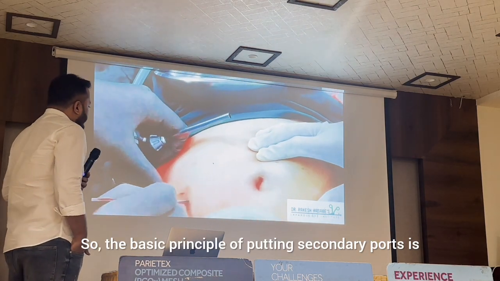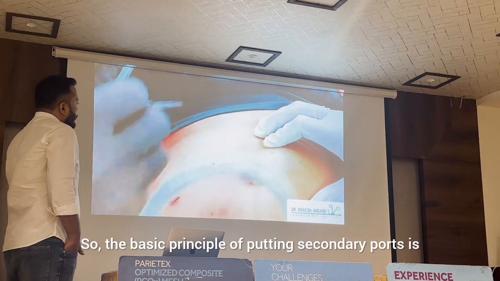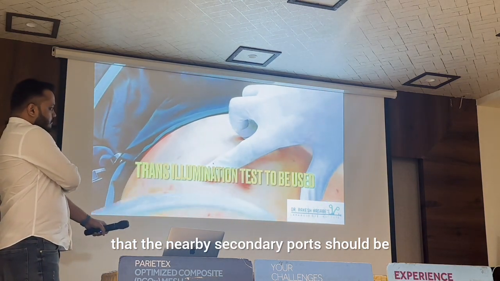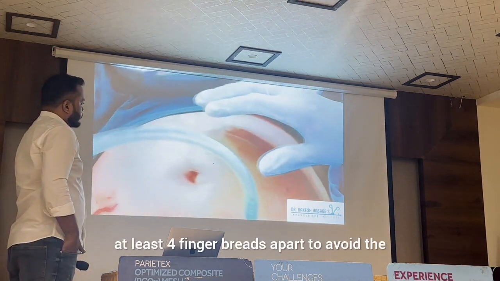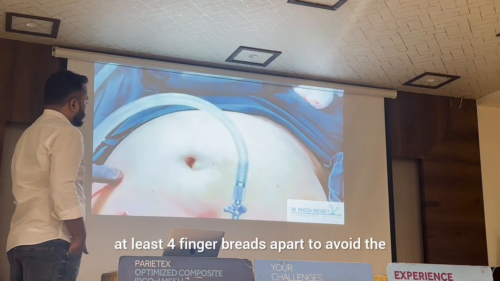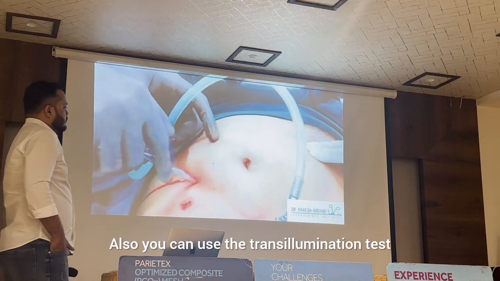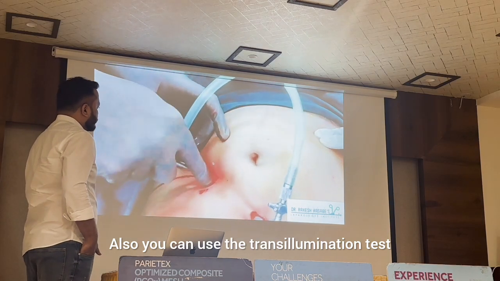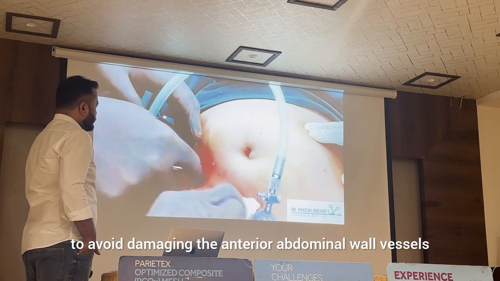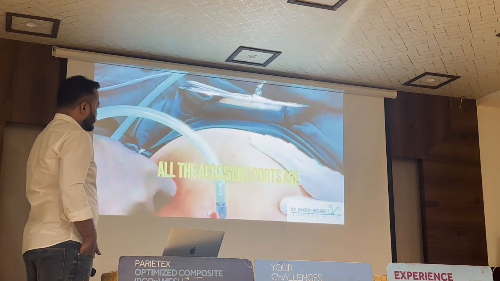The basic principle of putting secondary ports is that the nearby secondary ports should be at least 4 finger breadths apart to avoid intra-abdominal blocking of instruments. Also, you can use the trans-illumination test to avoid damaging the anterior abdominal wall vessels.